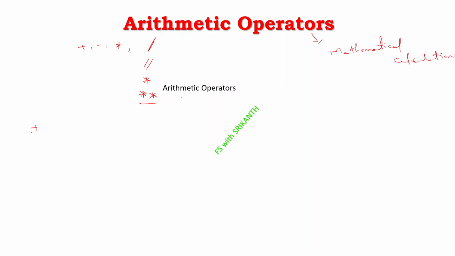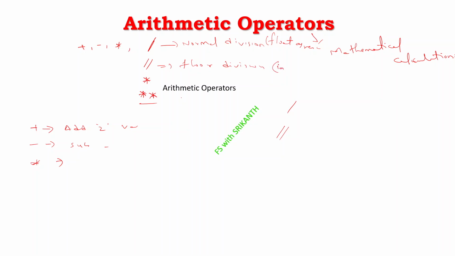First, plus adds two variables, two operands. Minus subtracts two variables, and the star multiplies. And here the difference is between this one and this one. This is the normal division, so we get a float as a result, and this one is the floor division.